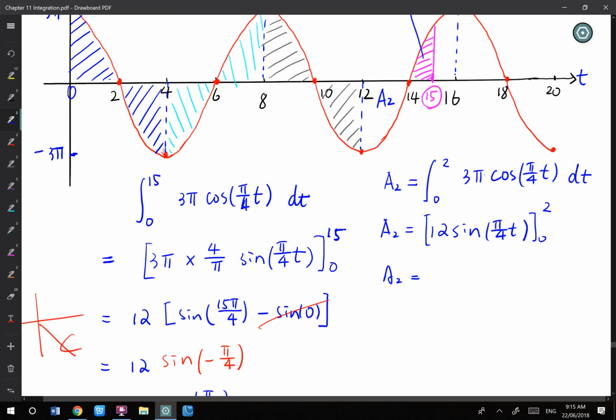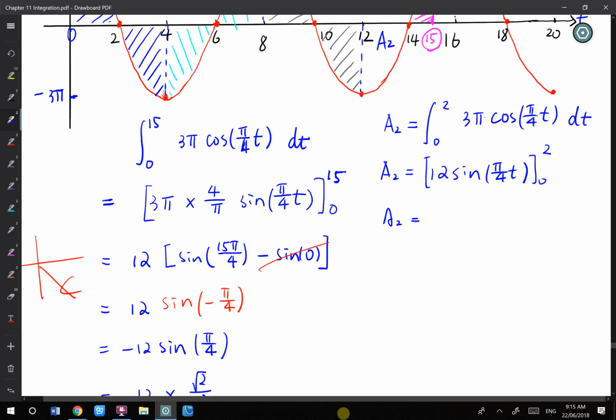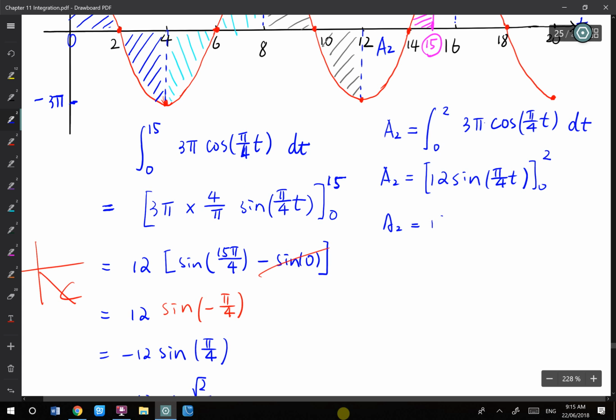So what I will have here is, substituting 2 in, 12 sine pi over 2, minus 12 sine 0, and that's just 12, because sine pi over 2 is 1.